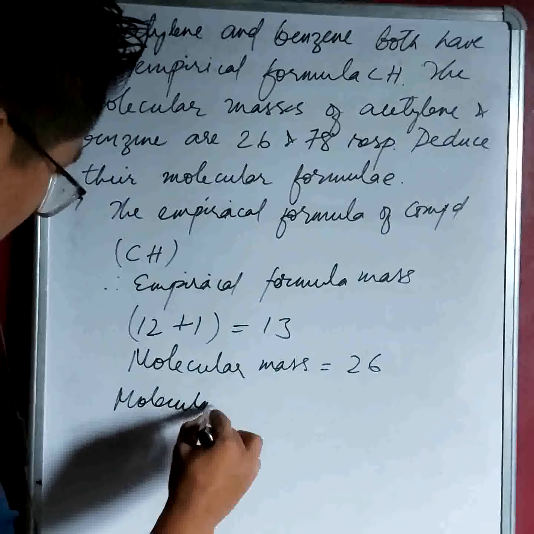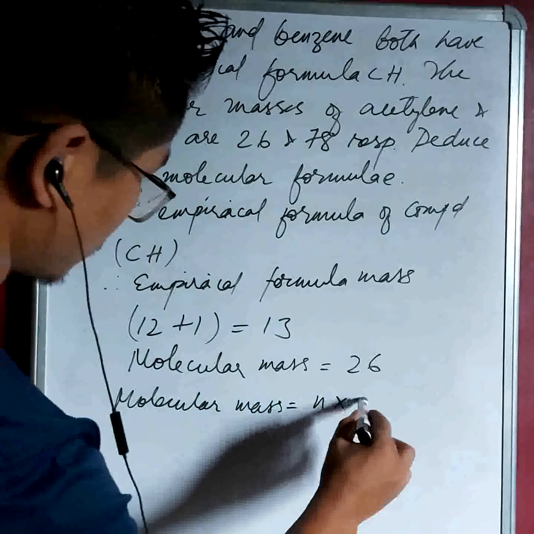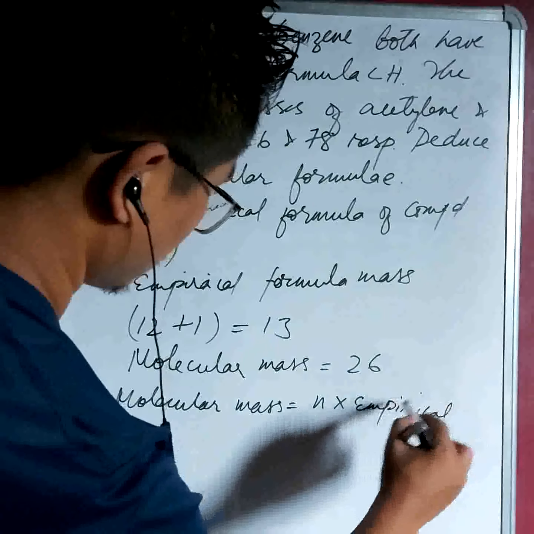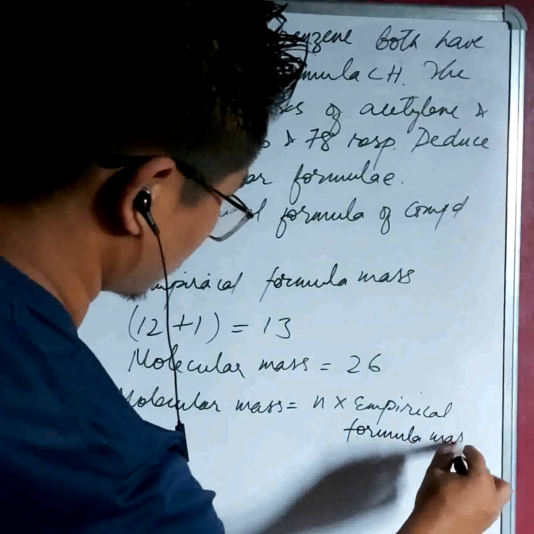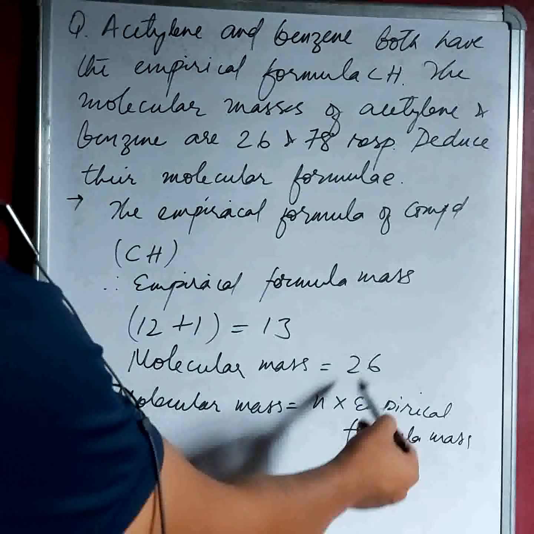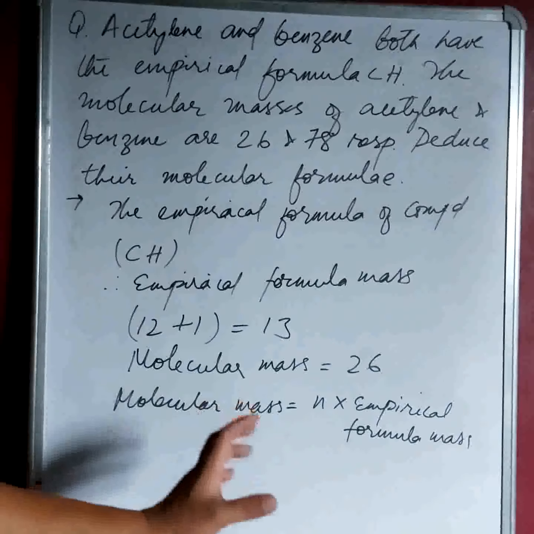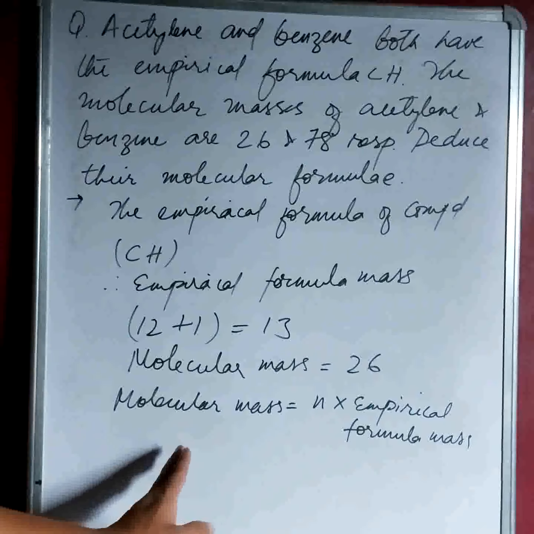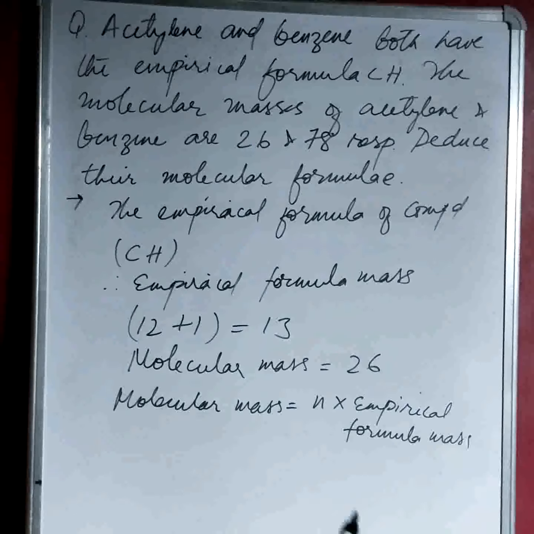Molecular mass is equal to n times the empirical formula mass. Since the empirical formula is the simplest ratio of the molecular formula, we multiply it with this entity n, which we don't know.